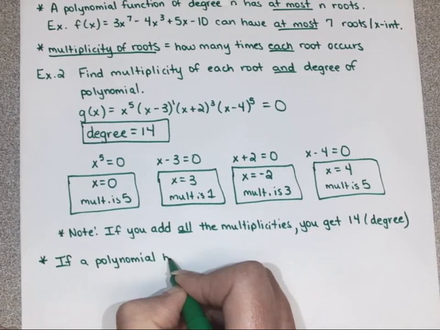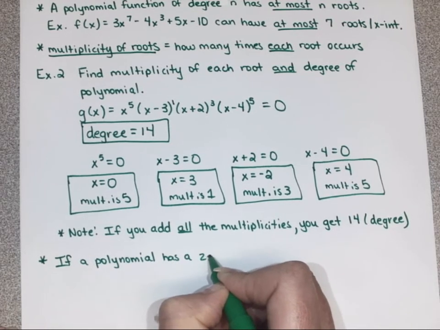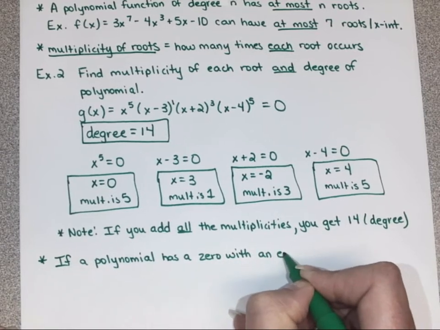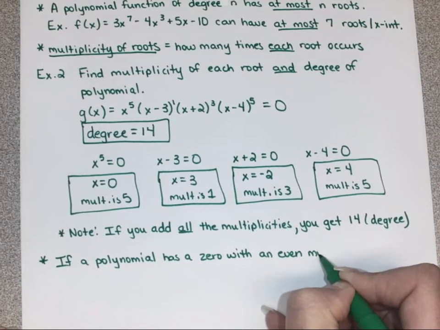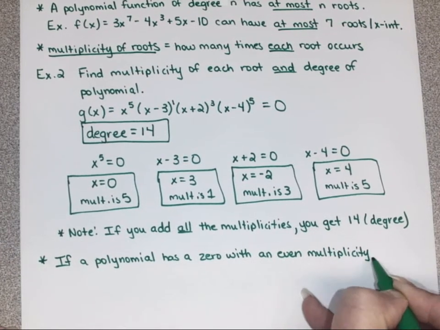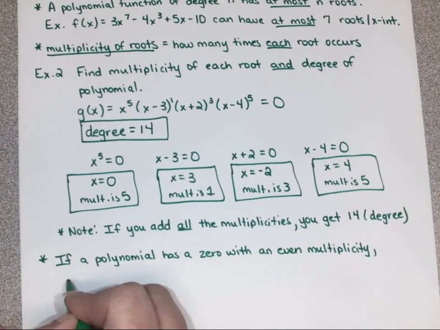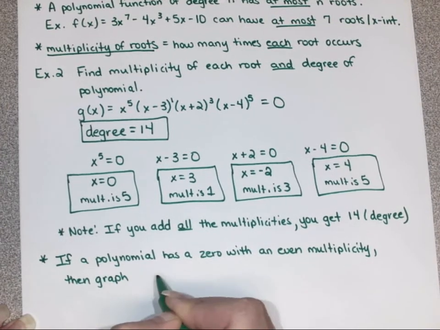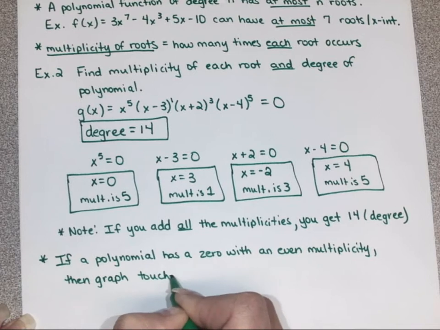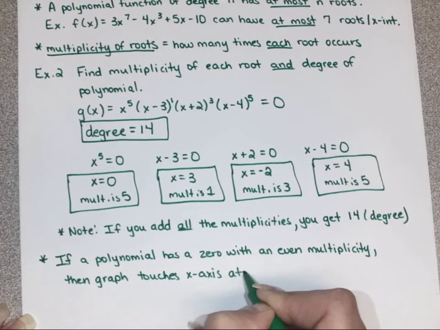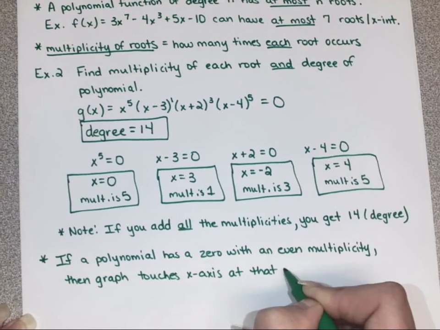But if a polynomial has a 0 with an even multiplicity, remember multiplicity is not the same thing as degree, then what it's telling you is the graph touches the x-axis at that spot, at that x-intercept.